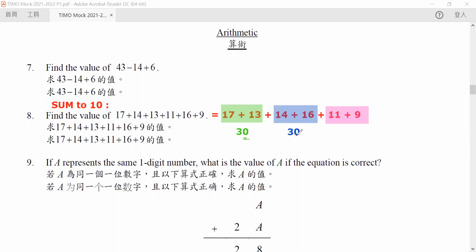Now again, you can see that if we try to sum them up, you will find that the answer is the same. The answer will have a 0 as its unit digit. Now, this is good because once you try to sum them up like this, they will have 0 as the final digit. This is what we meant by sum to 10.